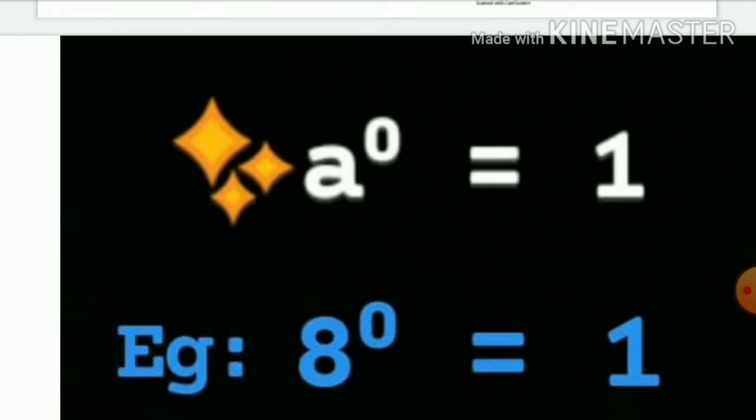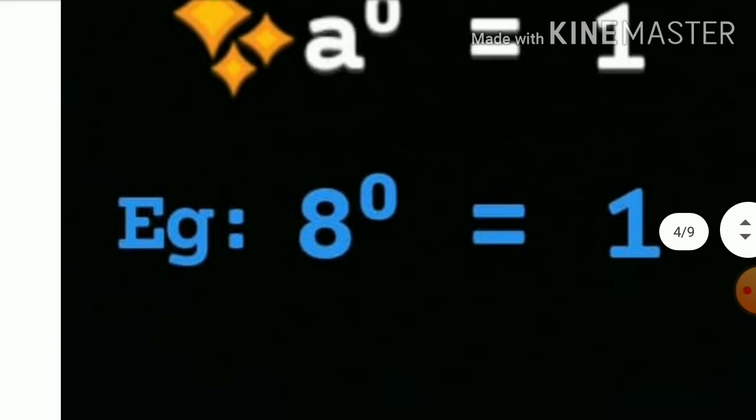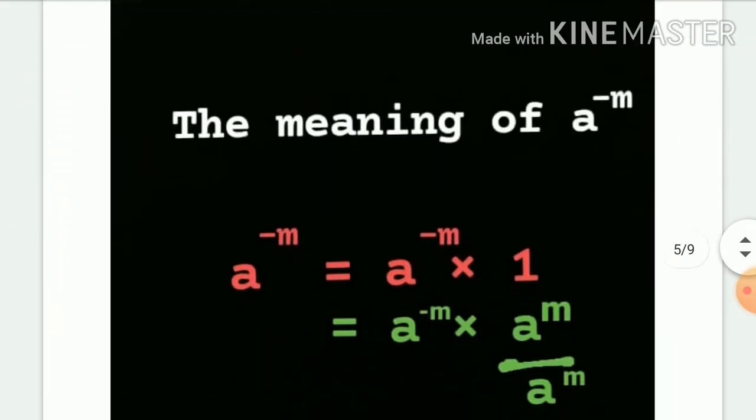Any number, for example 20 raised to 0, will also be equal to 1. Any base with the index 0 will result in the number 1. So this was your third law. Now we are moving on further to see the next law. Let us see what this means.